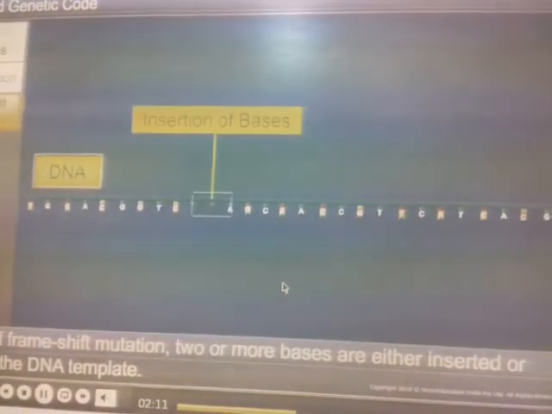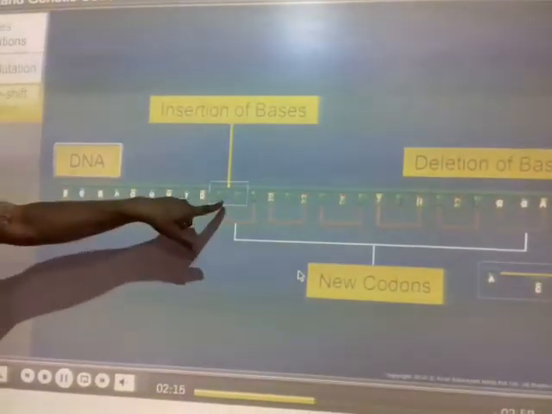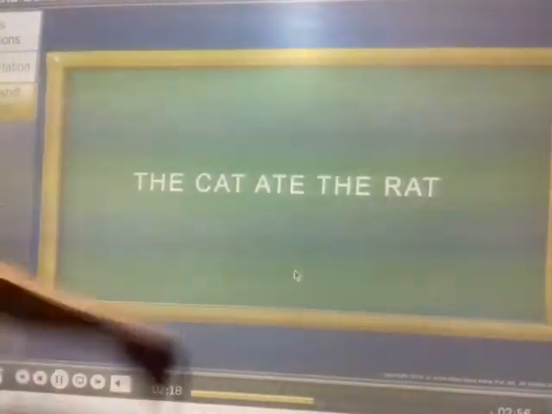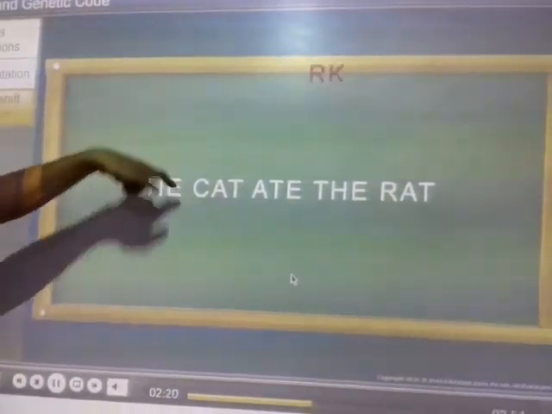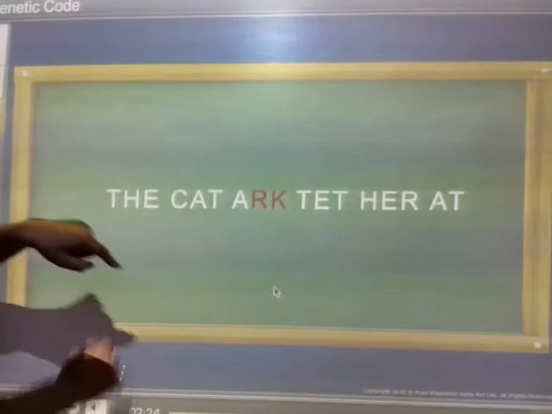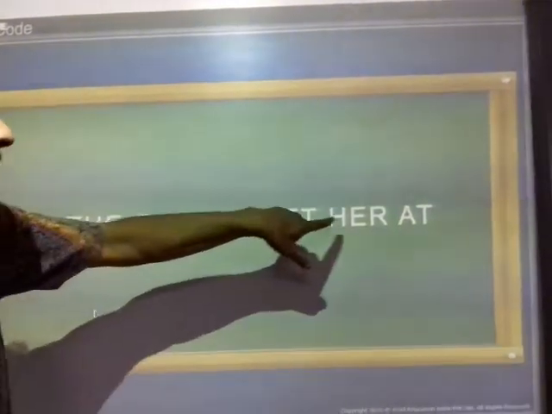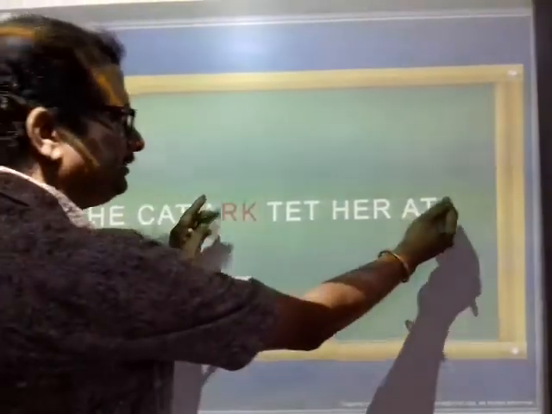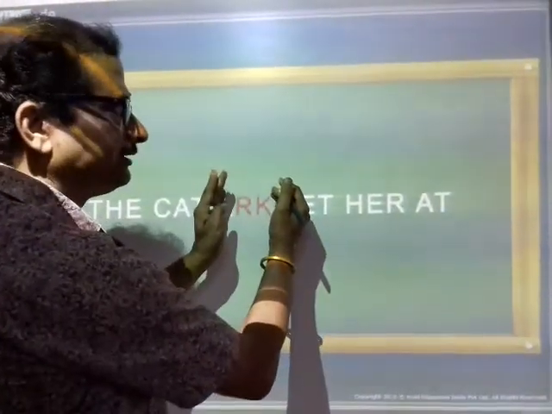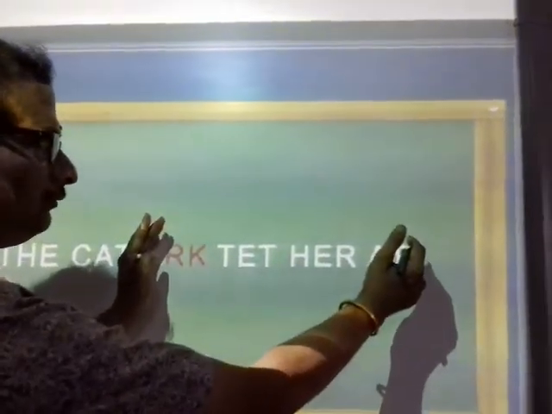Here, frameshift mutation is another example of how the addition, the insertion of a base pair, takes place. Suppose a letter is changed here, and the sentence, the cat ate her rat, changes. The whole change after the point where the insertion has taken place, all the other words change.